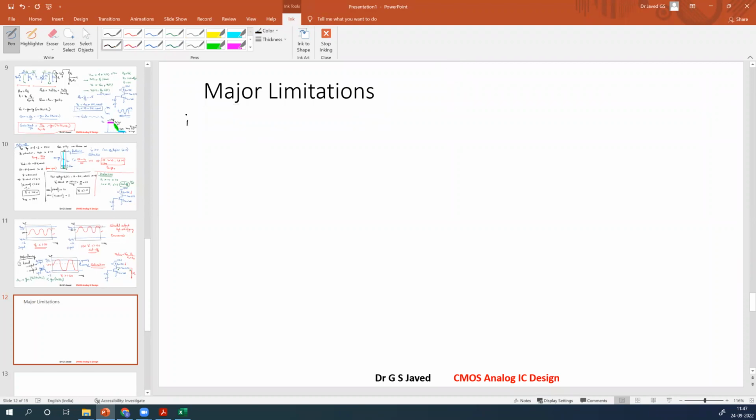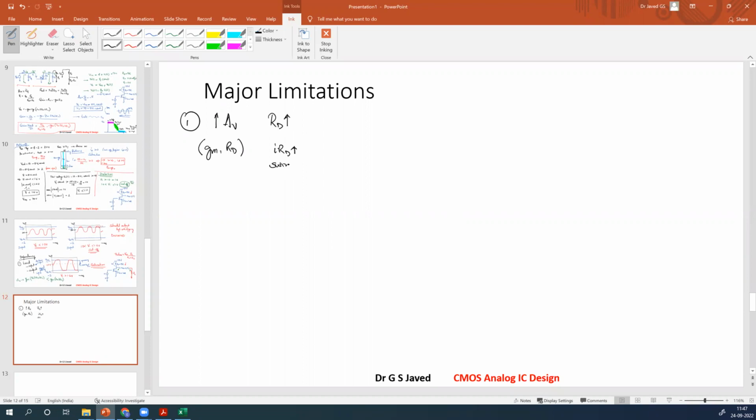First one, major limitation is if you have an increase in AV, and how do you increase AV? AV can be increased with GM and RD. Okay. If you increase RD, what will happen? IRD will increase.